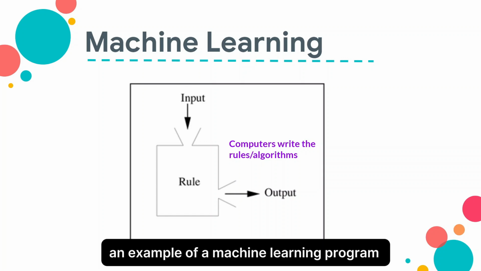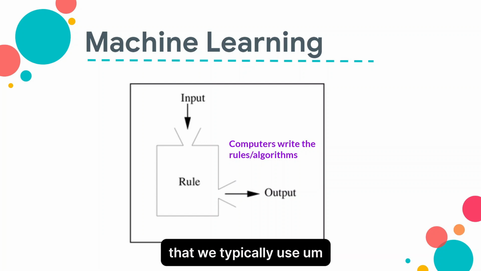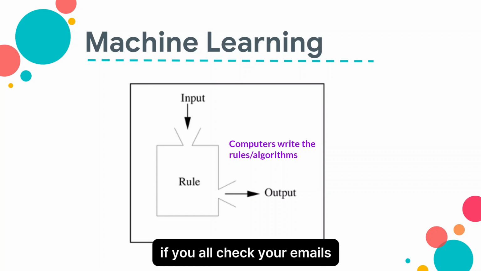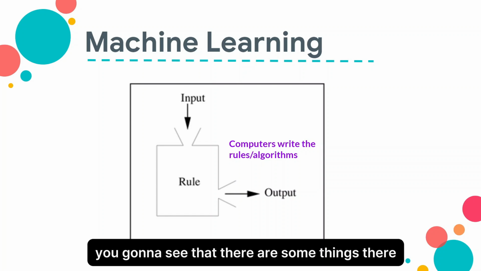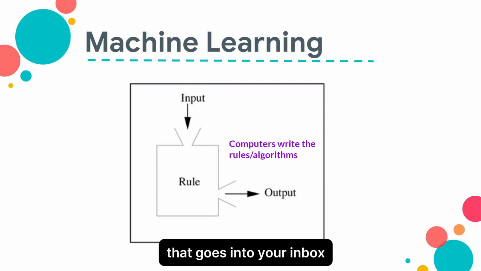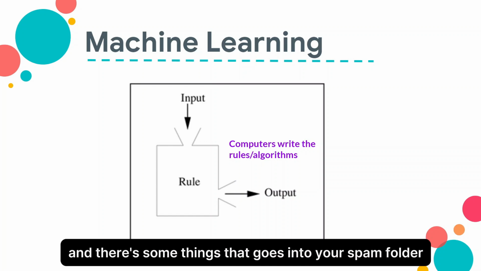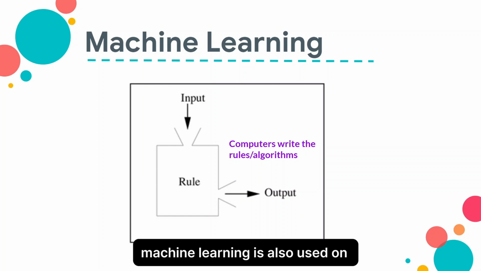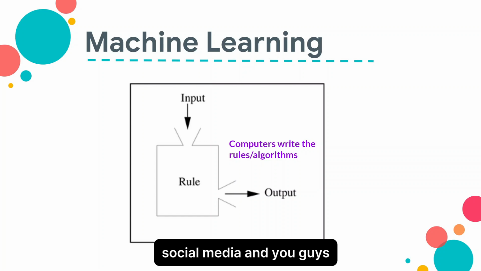An example of a machine learning program that we typically use in our everyday lives is a spam filter. If you check your emails, you're going to see that some things go into your inbox, and some things go into your spam folder, and that is done through machine learning. Machine learning is also used on social media.